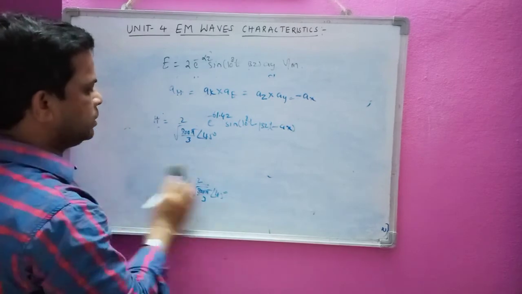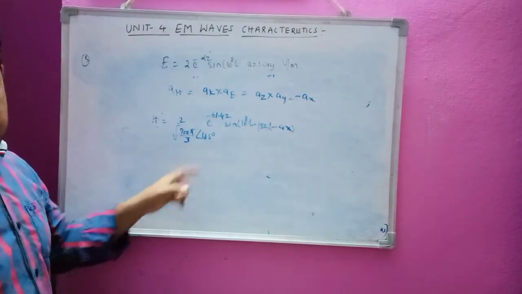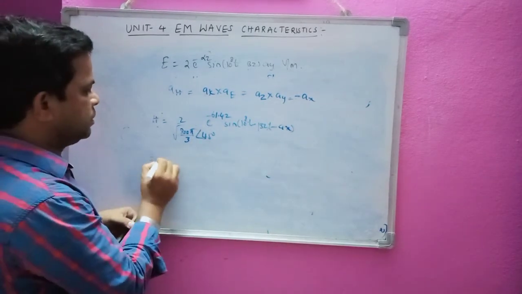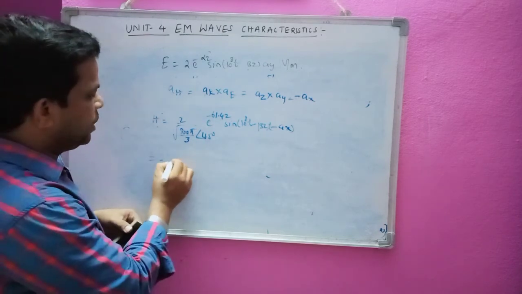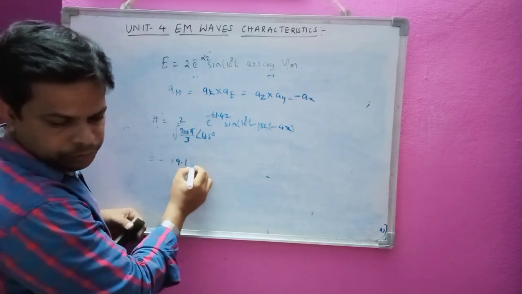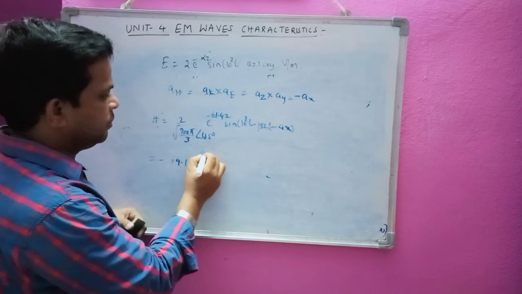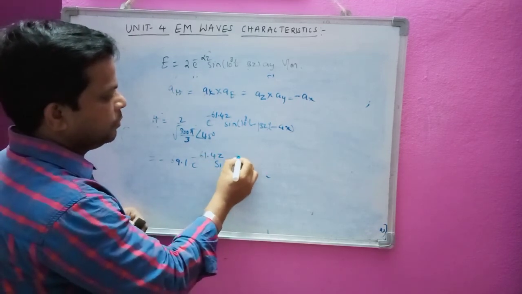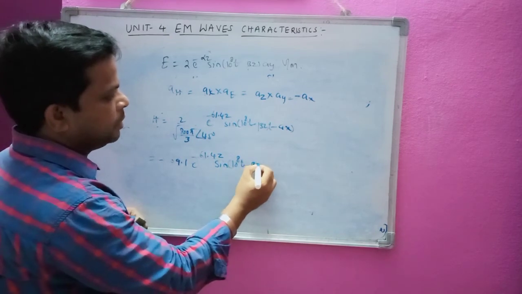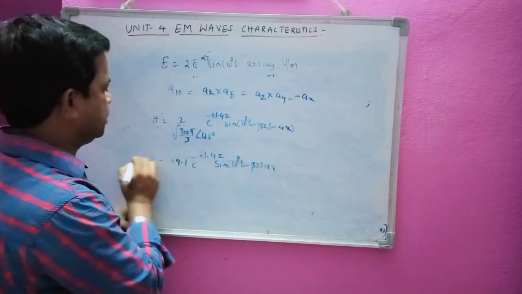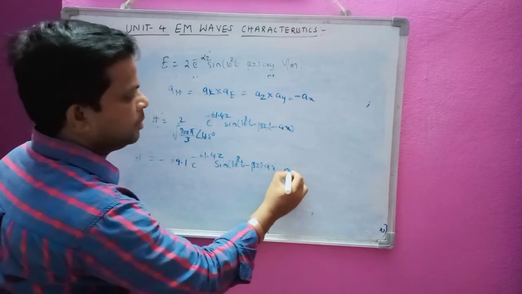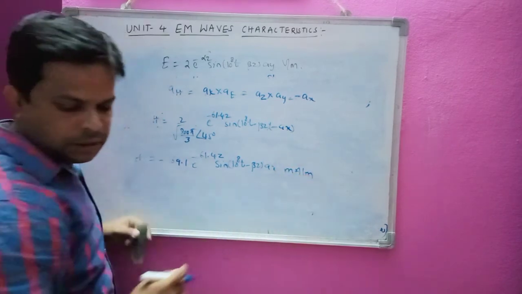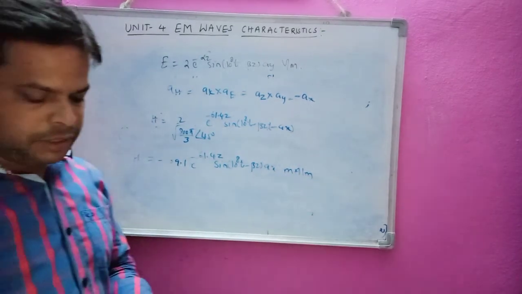After calculating this, I can write the final answer: minus 69.1 into e power minus 61.4 z sine of 10 to the power of 8 t minus beta z aX. This is in milliamperes per meter. So this is the final answer we are going to get.